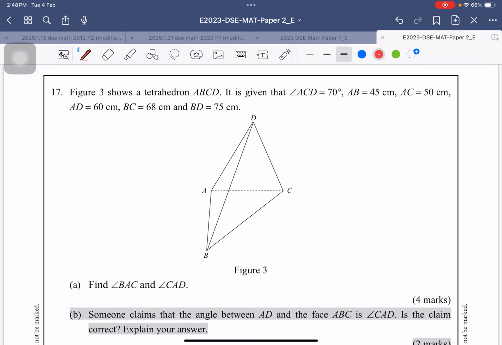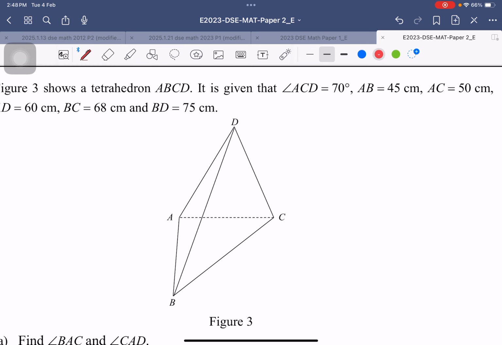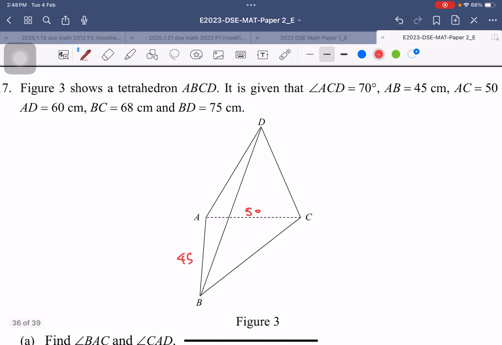So let's see. AB is 45. AC is 50. AD is 60. BC is 68. BD is 75.